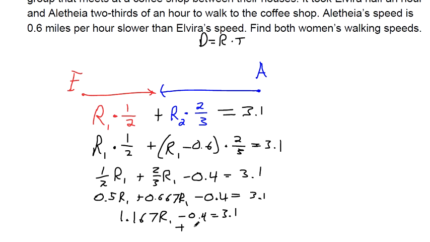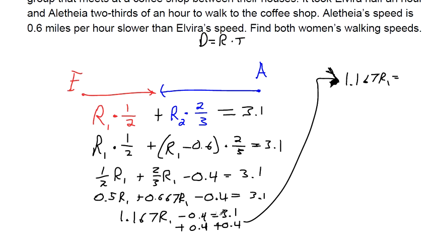So you want to add that 0.4 to both sides. So we get, that's my poorly drawn arrow, geez, that's bad. So we get 1.167 r sub 1 equals 3.5. So divide both sides by 1.167.